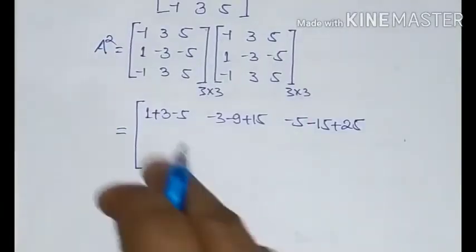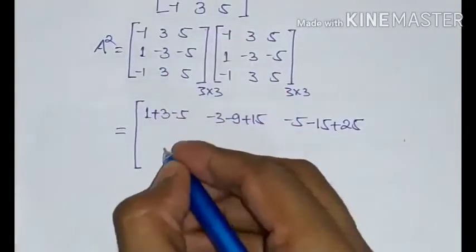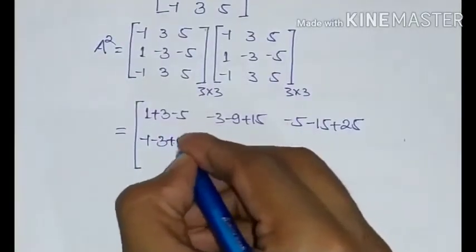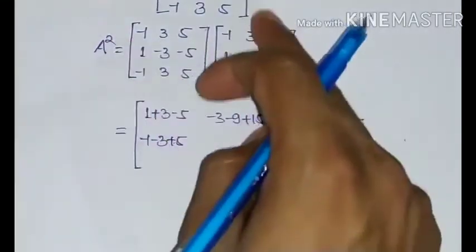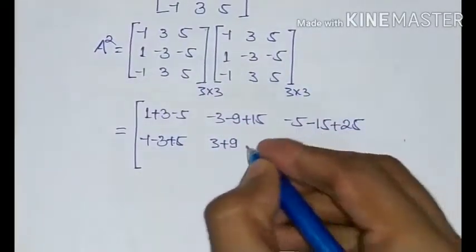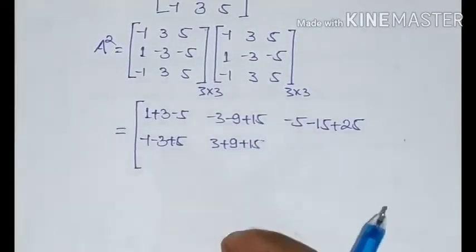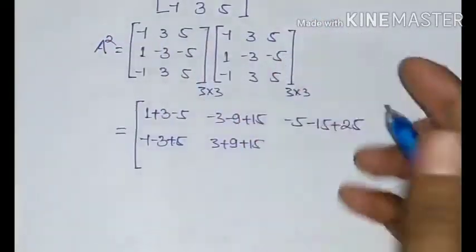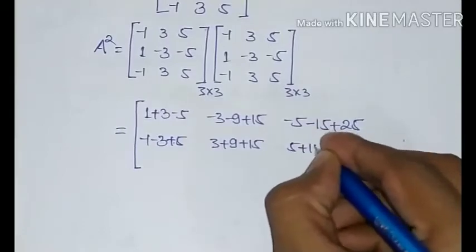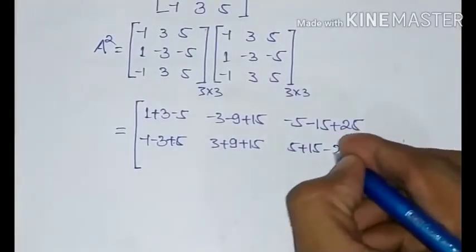Again second row and first column, it will be -1 -3 and 5. Second row and second column, it will be 3 plus 9 plus 15. Again second row and third column, that is 5 plus 15 and -25.